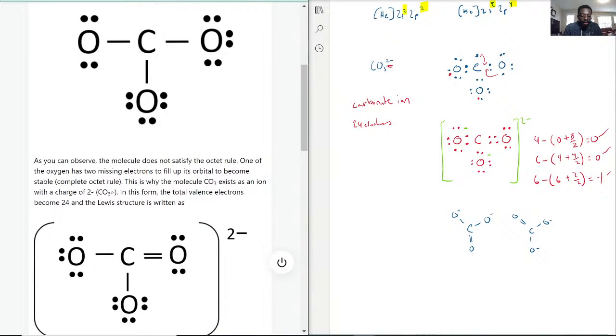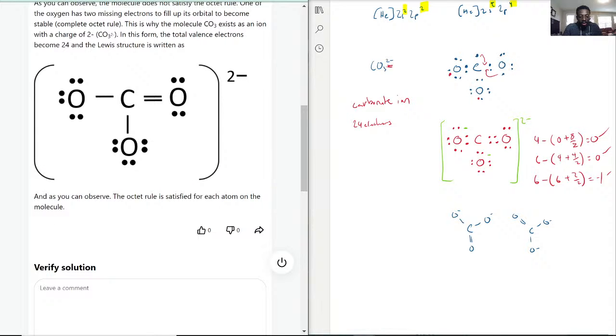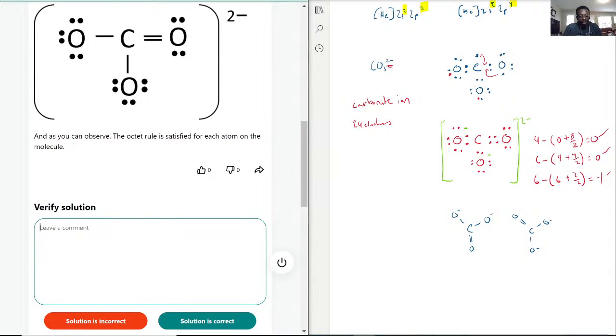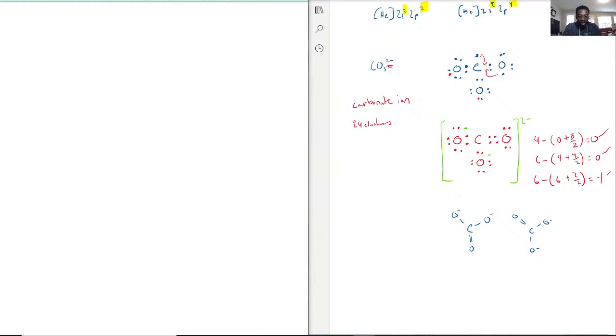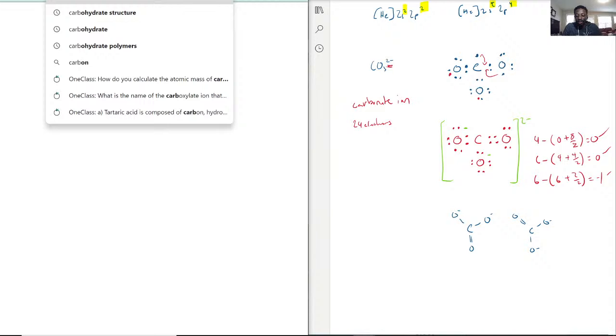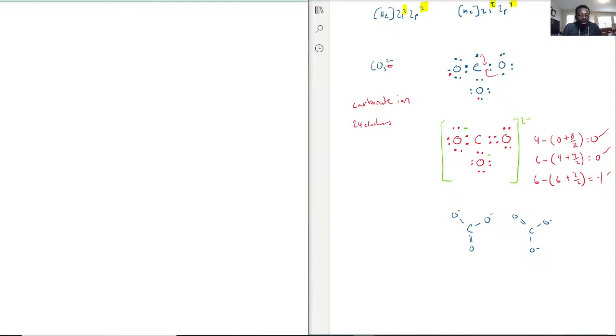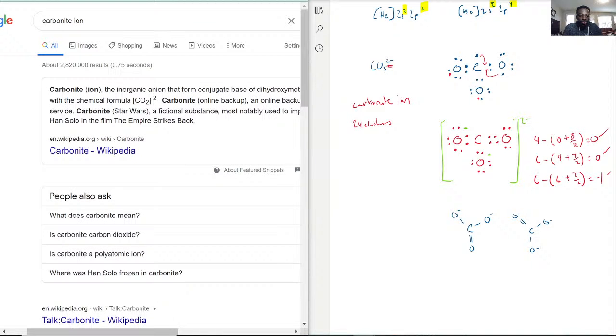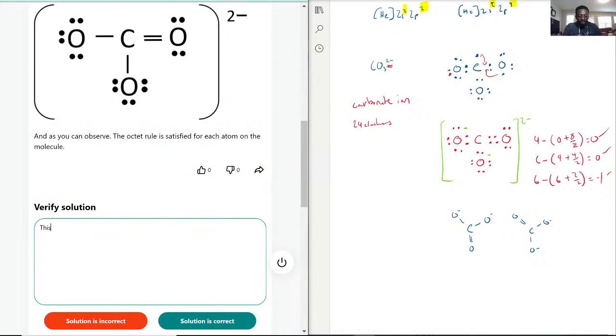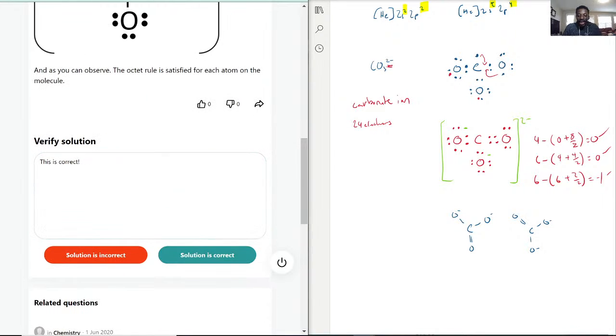So that's why we have the carbonate ion. Carbonate, sorry, would be CO3, 2 minus. Let me actually see if that exists. I know we have carbon dioxide, but carbonate would be with the charge. Yep, CO3 2 minus. So carbonate is definitely a real thing, but this is the carbonate ion.